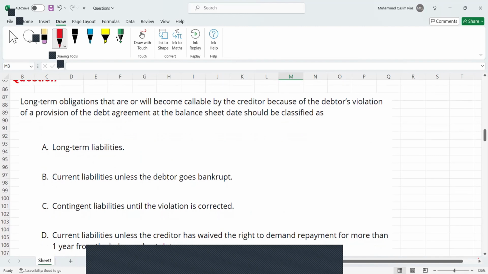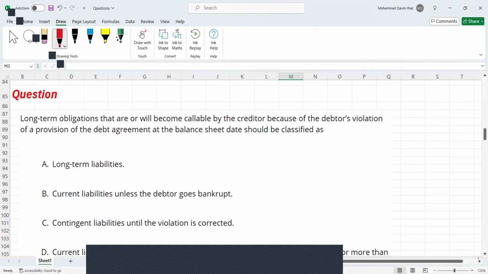Now we have another question. A long-term obligation that is or will become callable by creditor because of the debtor's violation of the provision of the debt agreement at the balance sheet date should be classified as. Let me tell you a story, guys.